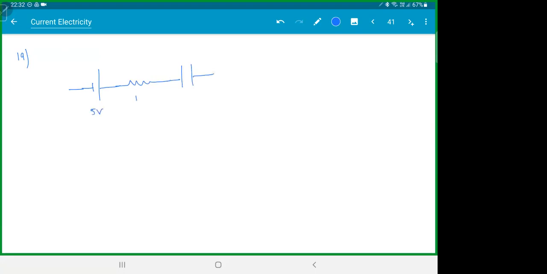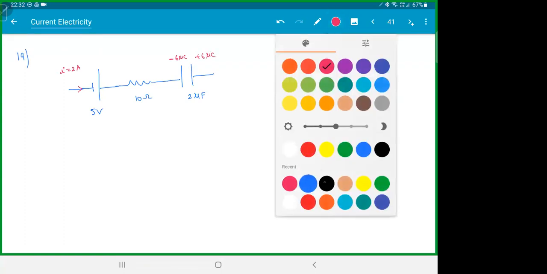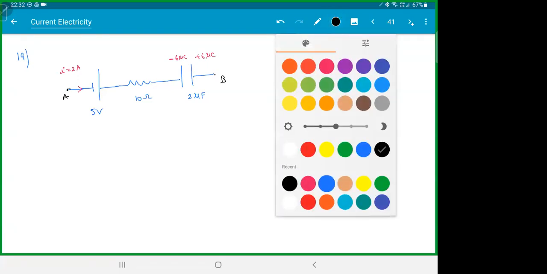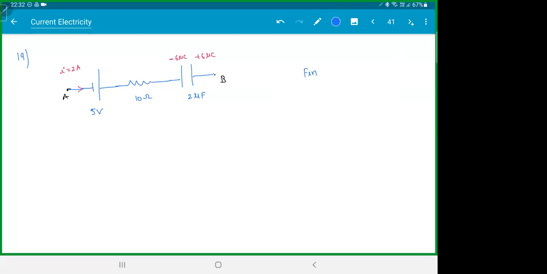This is 5 volts, this is 10 ohms, this is 2 microfarad. The current is flowing this way, I is equal to 2 amperes. This is minus 6 microcoulombs and this is plus 6 microcoulombs. This point is A and this point is B. Find VB minus VA, or VA minus VB.